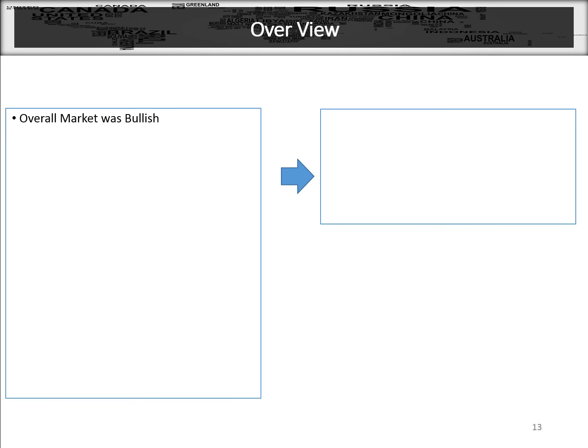So the overall market was bullish, and what was happening is that the first pullback was starting to occur, and that's one of the reasons why we started looking for stock opportunities. The position we wanted to have is that we wanted to hold a position for at least 1 to 2 months, because this wanted to be a long-term play instead of a swing trade or a day trade.